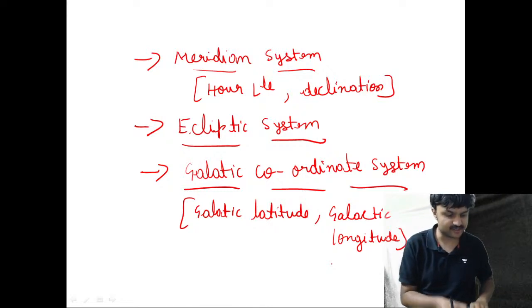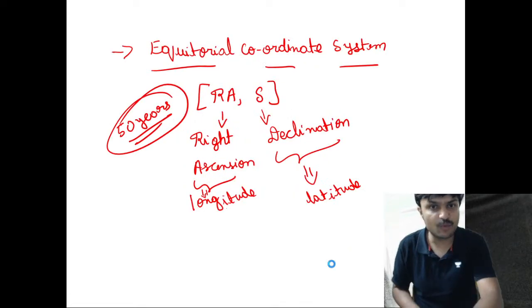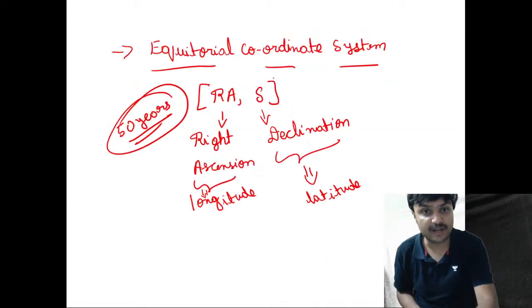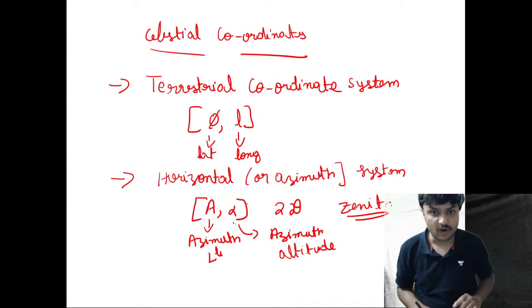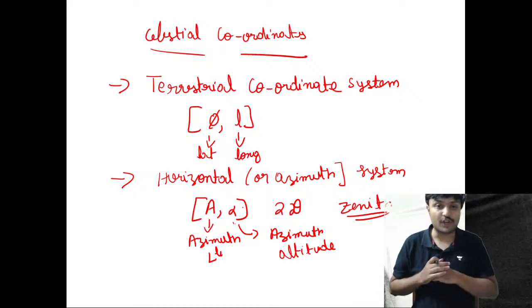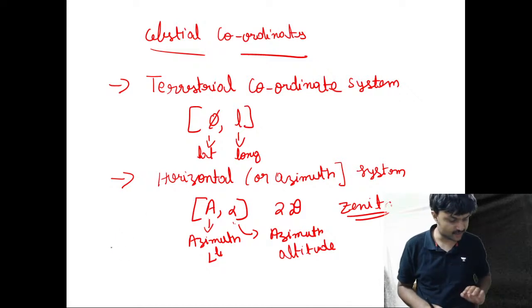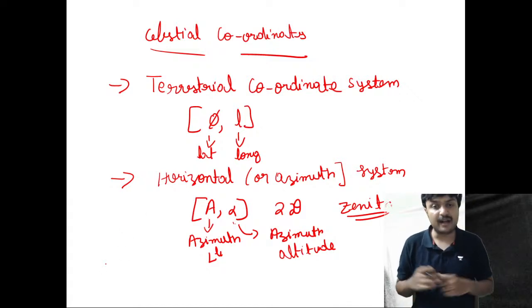I want to discuss the advantages. I did not tell you the advantages of the horizontal or azimuth system. It is locally convenient but not globally. Locally it is easier to find. Altitude and azimuth are time dependent.